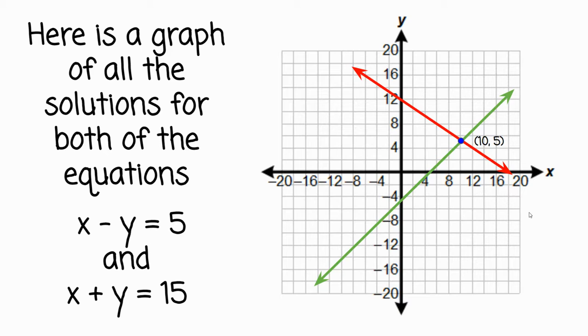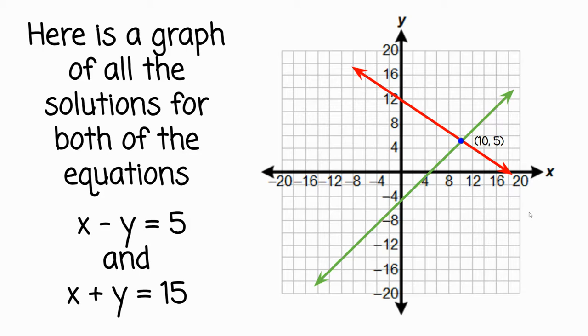Because remember, all the points along the green line, X minus Y equals 5, are all solutions for that one. And then the same thing, all the points along the red line are also going to be solutions for x plus y equals 15. But there's only one point that the two lines have in common that would be a solution for both of them at the same time. So this is a system of equations.